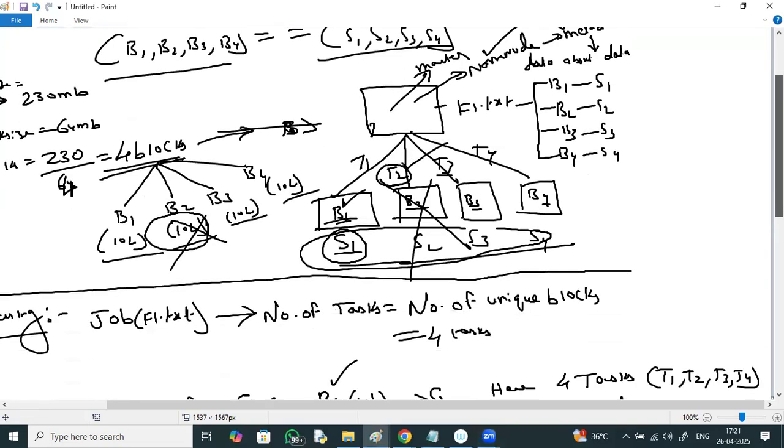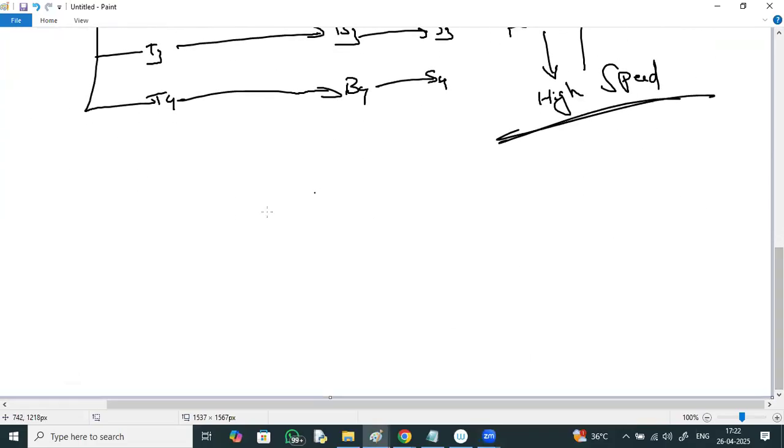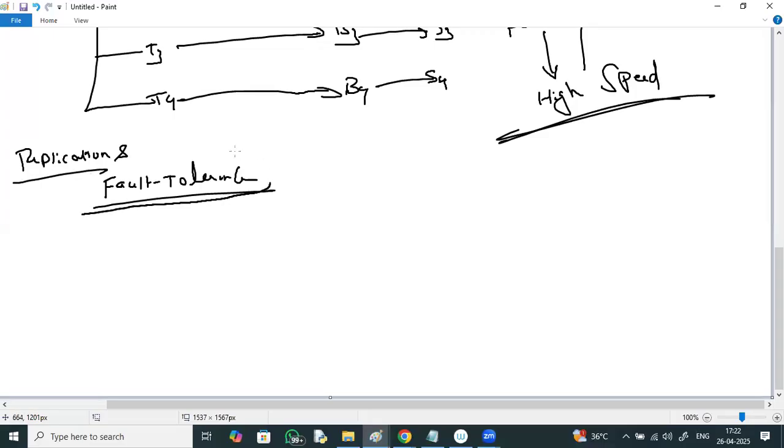Hadoop is going to handle it. We have a concept called replication and fault tolerance. By using this, you can handle that. Replication is nothing but duplication. We can duplicate the blocks.